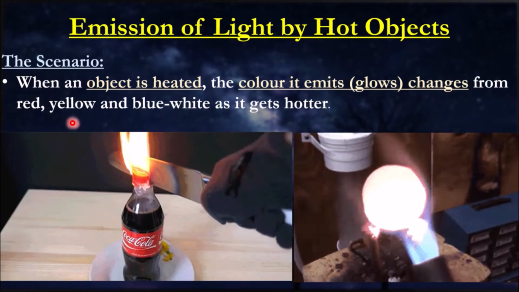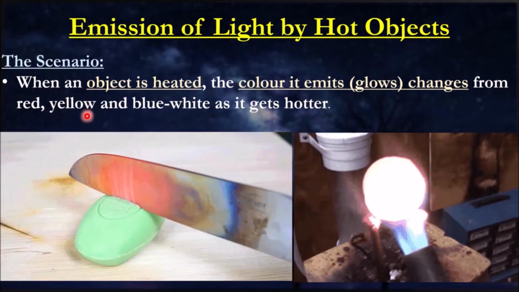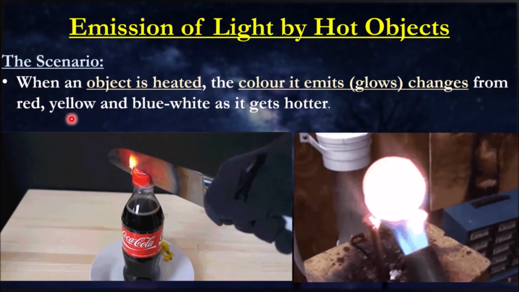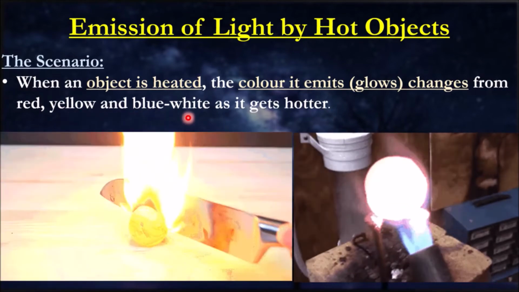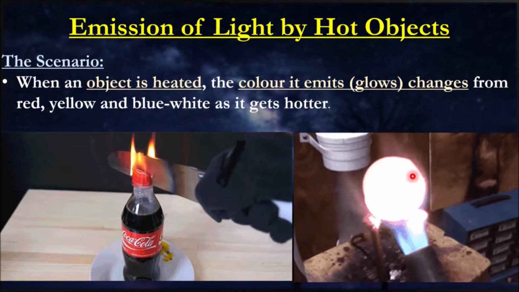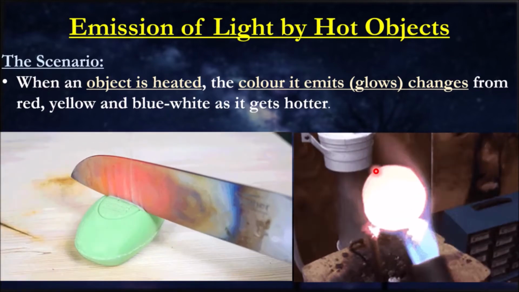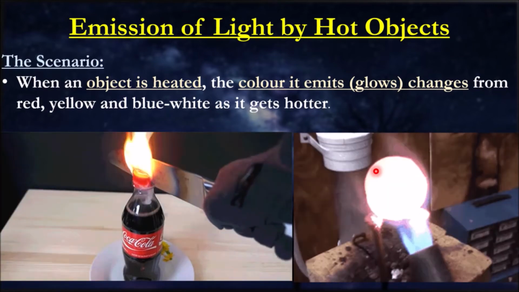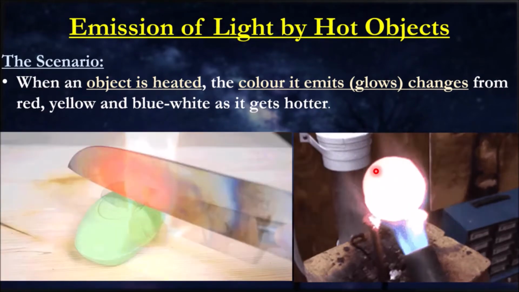And then progressively, as you make it hotter, you increase that temperature, it goes yellow. As you will know, with the yellow flame of a Bunsen burner, and it becomes blue, the blue flames that you see there, and then it kind of begins to glow whitish there. So that's what we're talking about here. We're trying to understand how hot objects will emit their light and what kind of physics is that telling us.